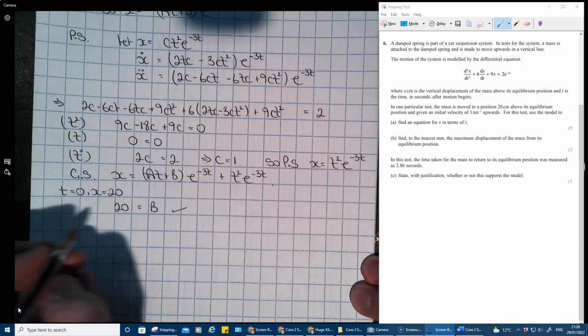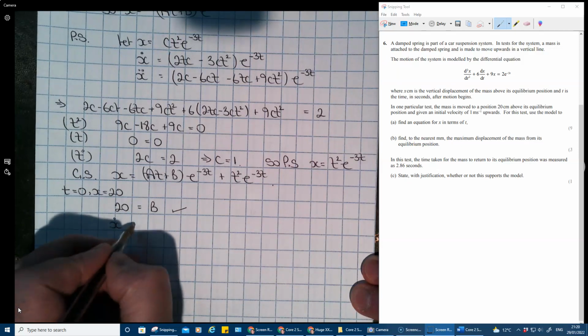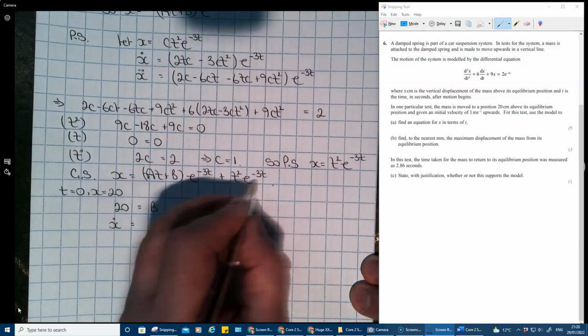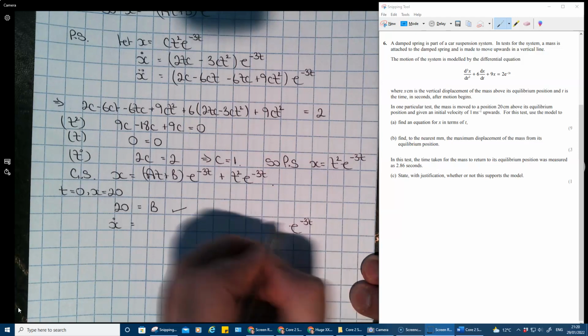X dot, differential of x is, okay, so again we have all e to the minus 3t's throughout, so I'll leave that at the end.